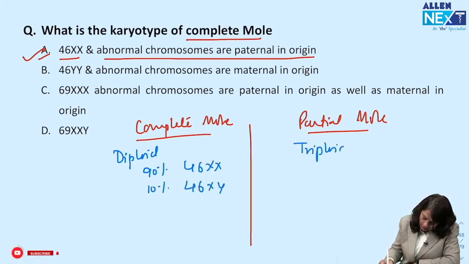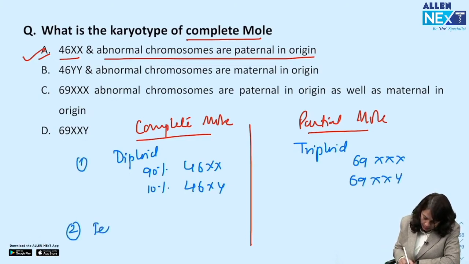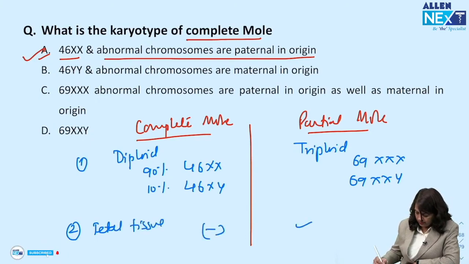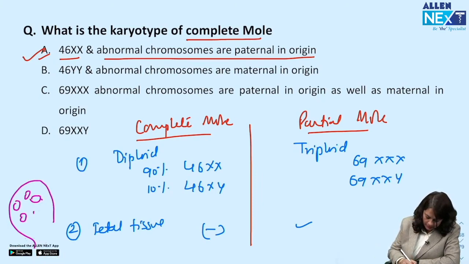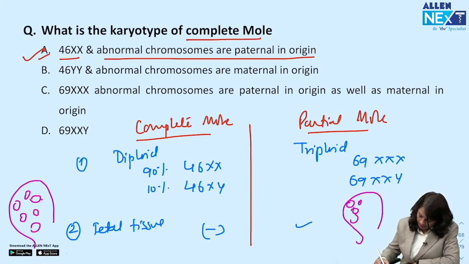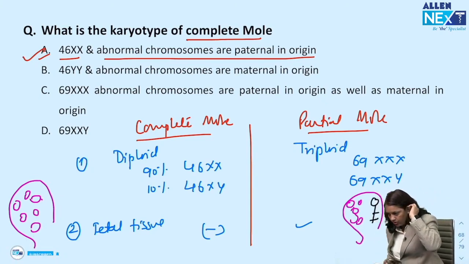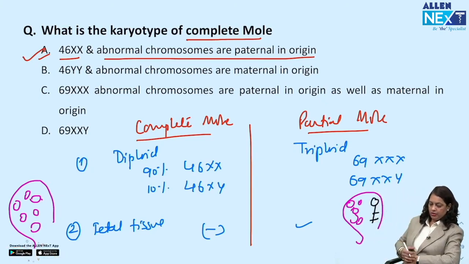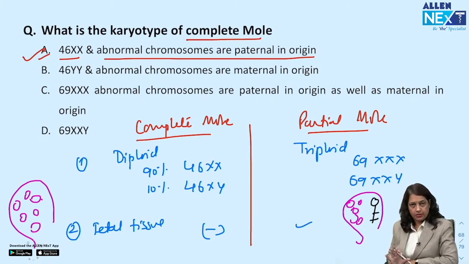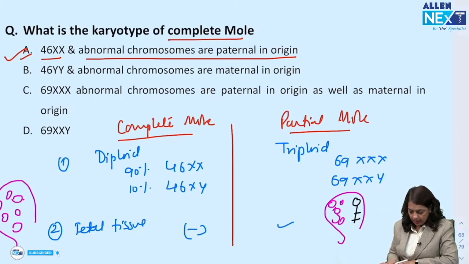Here in partial mole it is triploid, 69 XXX or 69 XXY. Number 2, presence or absence of fetal tissue: it is absent in complete mole, present in partial mole. Here only grape-like vesicles; here grape-like vesicles and fetus both. So it behaves like missed abortion. So abnormal chromosomes, friends, always remember it is derived from the father, paternal in origin.